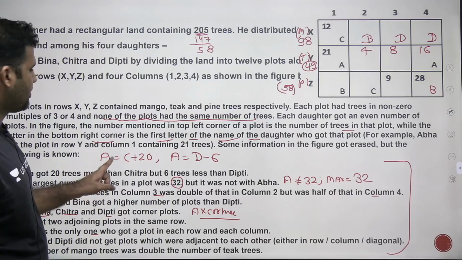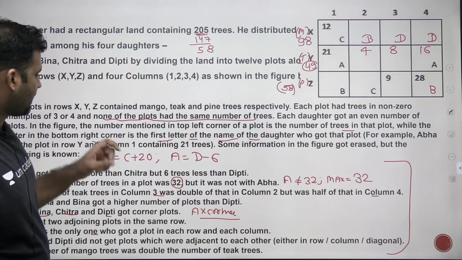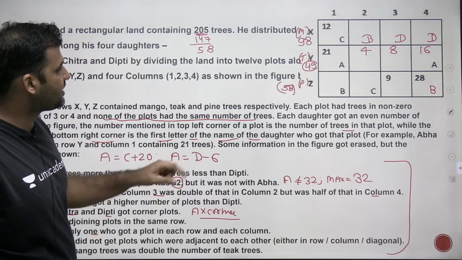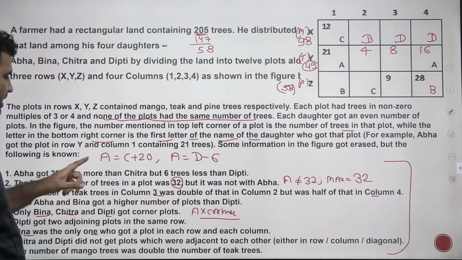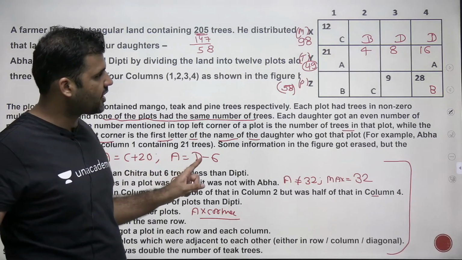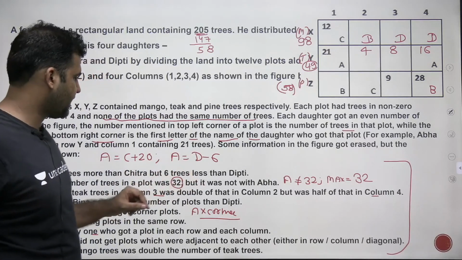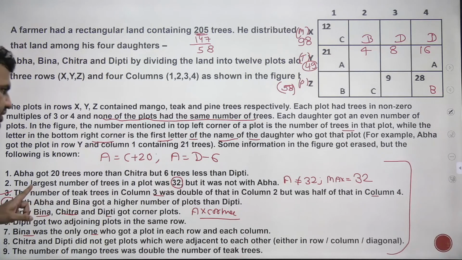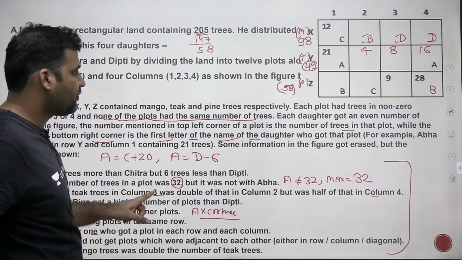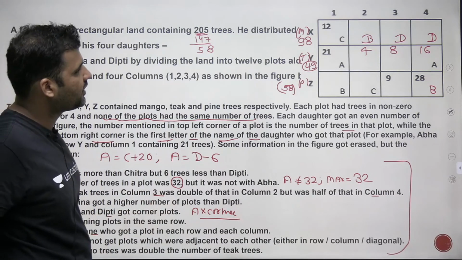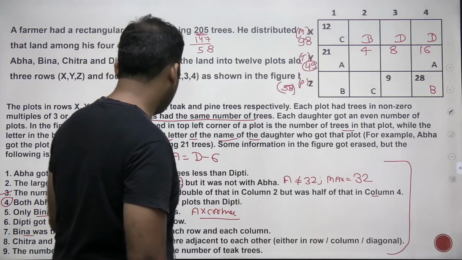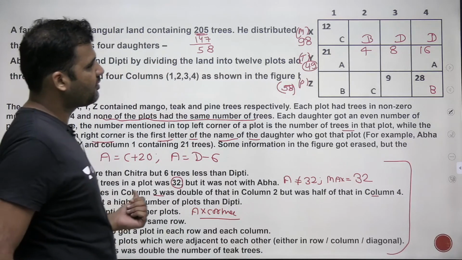Abha got 20 more trees than Chitra. Okay, we don't know what Chitra is getting. Abha is getting 6 fewer plots than Dipti. Okay, we are supposed to use these two pieces of information. We have not used this information yet, so we'll be using it later, right? And the largest number of trees, we have used this. The number of teak trees in column 3, we have used this information. Both Abha and Bina got a higher number of plots than Dipti. Okay, both Abha and Bina got a higher number of plots than Dipti.